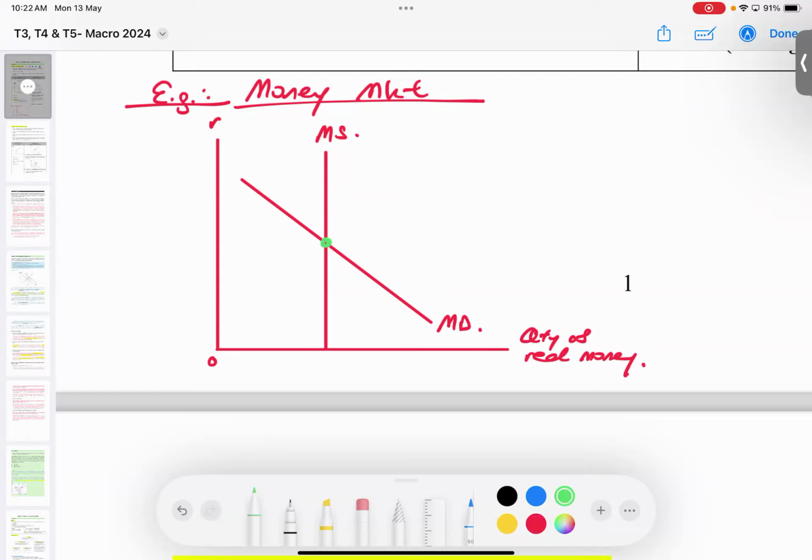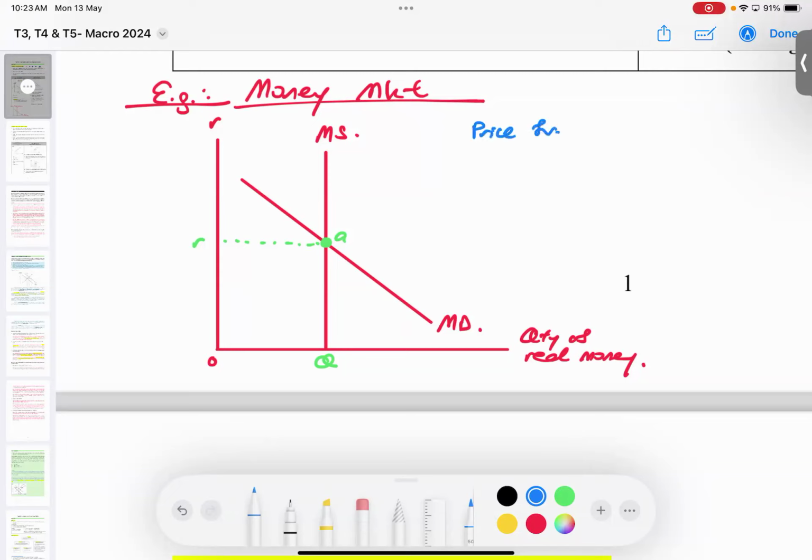At first, you are at this green color point, at this interest rate and at this quantity of money. We call it point A. Now, let's say the price level becomes higher.